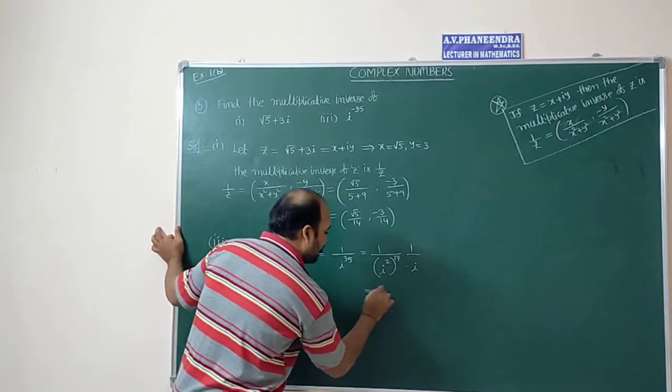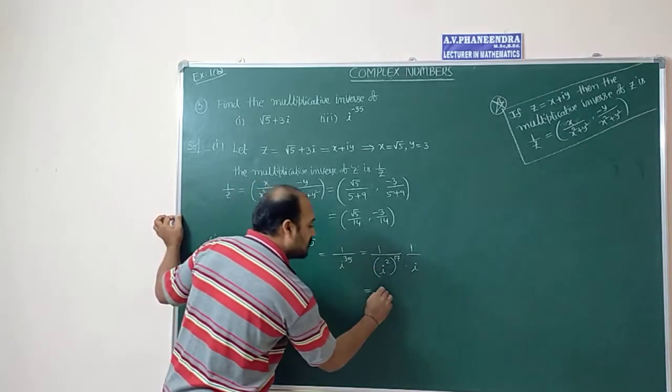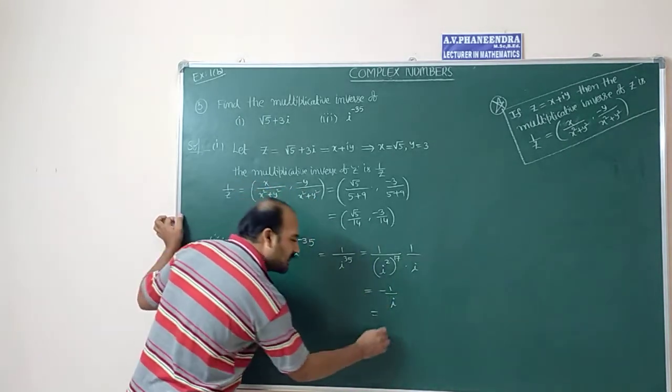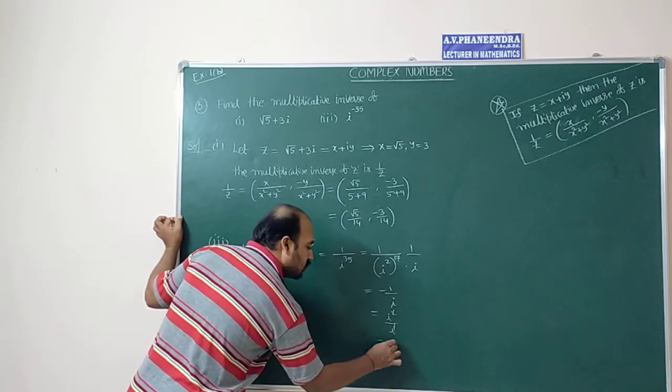So we can write it as i square value minus 1 whole power 17, odd number of times minus 1 by i, which is equal to minus, can be written as i square. So i square by i get cancelled, which is equal to i.